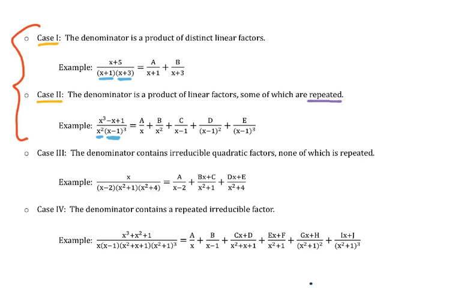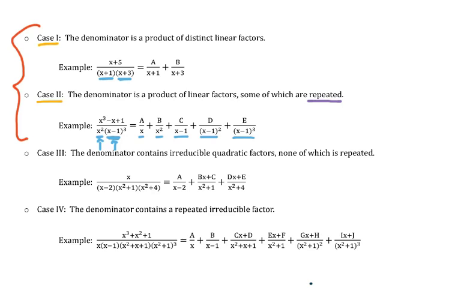Case 2 is kind of interesting because we have to build up to the actual term. So this x squared term, we build up to it by starting with a denominator of x and then x squared. In a similar fashion, to get the (x - 1) cubed, we have to do an (x - 1) to the first, an (x - 1) squared, and then an (x - 1) cubed term.